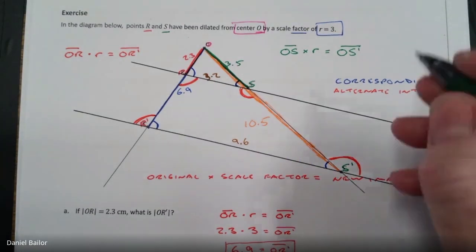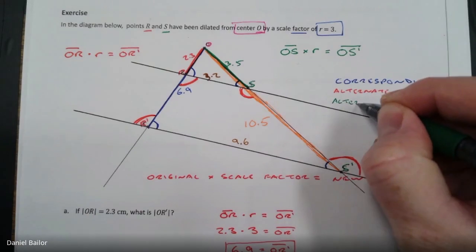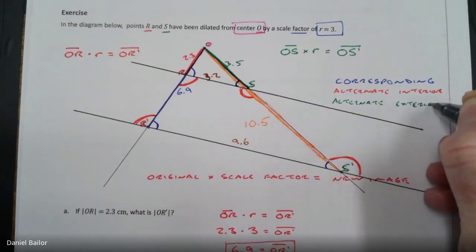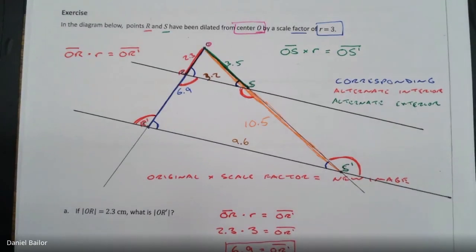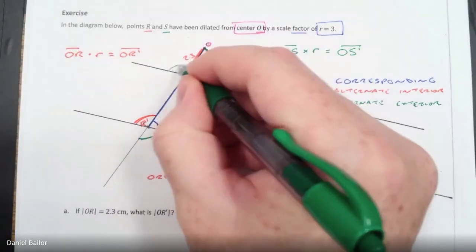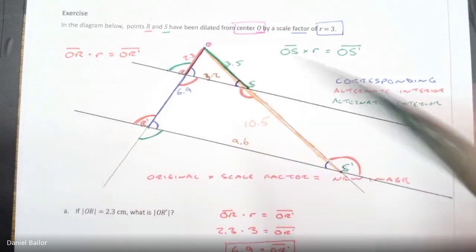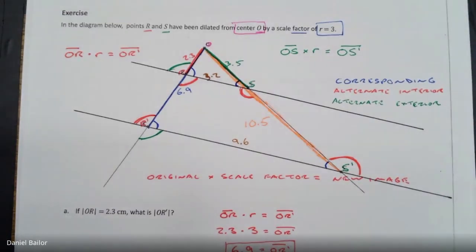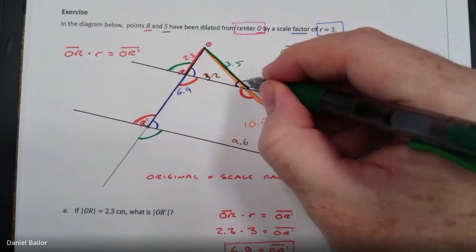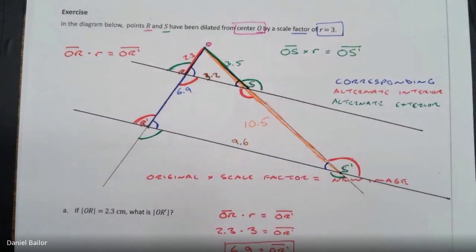We also learned about alternate exterior angles, which are opposite on the outside. So you know that this green one and this green one are equal because those are alternate exterior angles. And this one and this one are equal because they are alternate exterior angles.